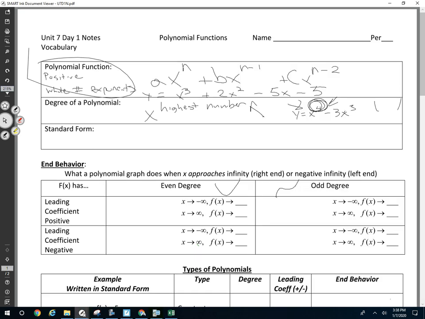Okay? So, this is going to dominate this degree. Standard form lists things from highest degree to lowest degree.